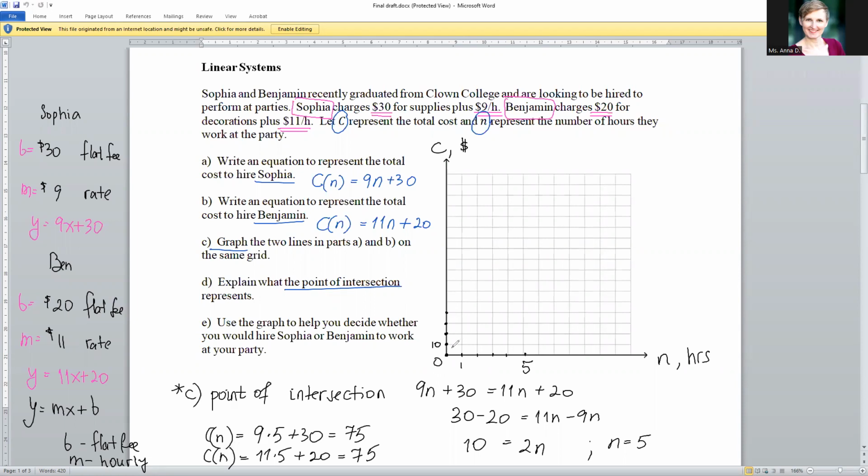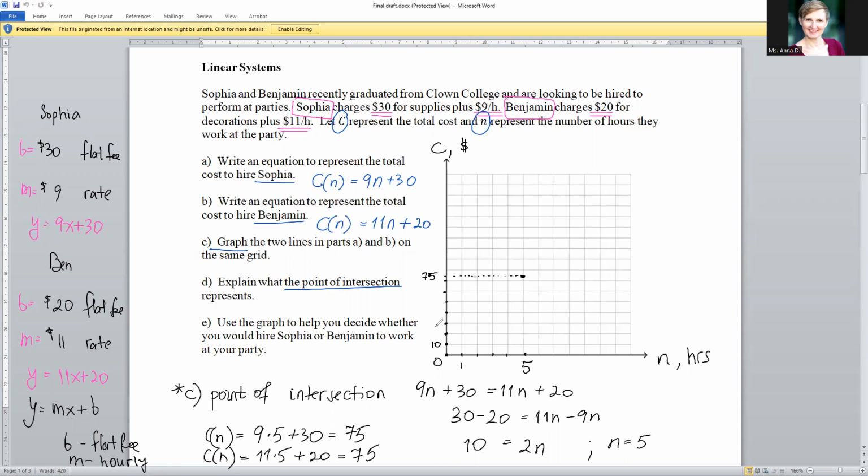So let's find that point. 75 about here. Double check. 10, 20, 30, 40, 50, 60, 70, 75.